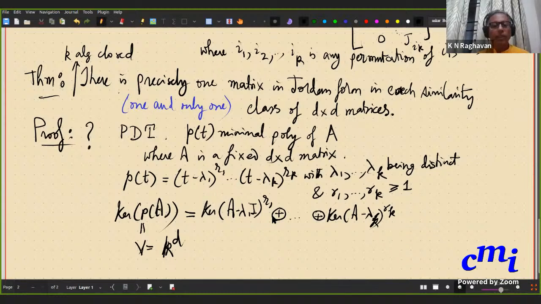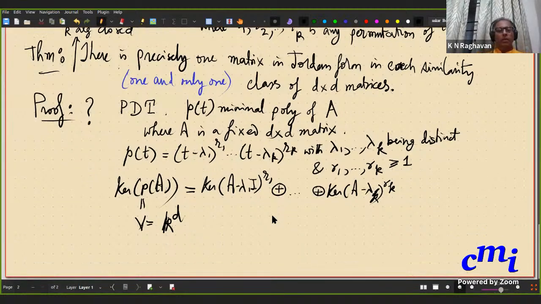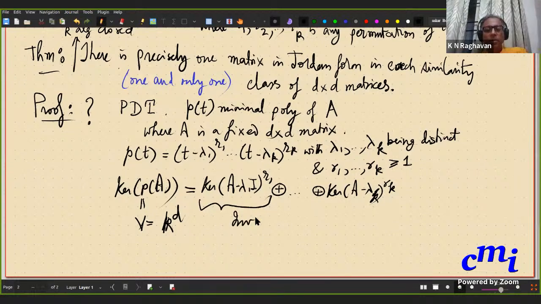This is what the primary decomposition theorem tells us. Okay, and if I look at this here, A has only lambda 1 as eigenvalue here. So these are invariant subspaces. These are invariant for A, meaning if I take a vector in this subspace and act A on it, that will continue to remain in this subspace.